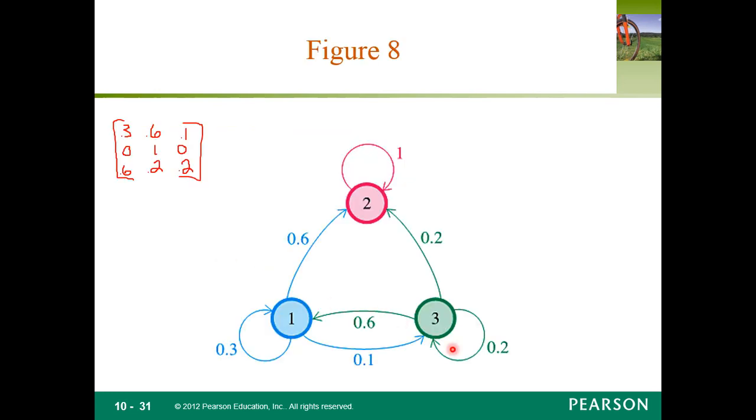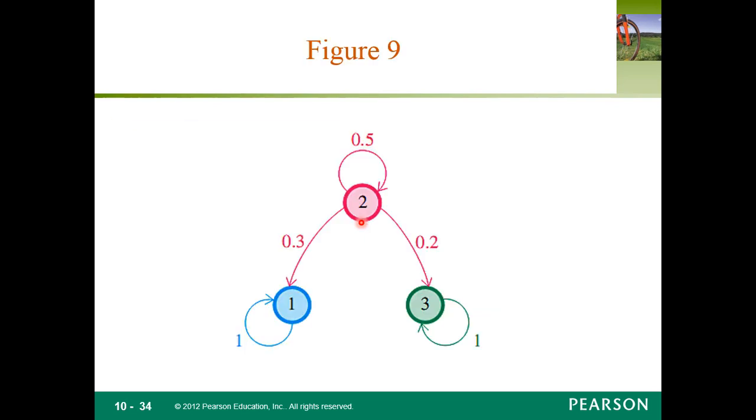For example, from state 3, you could go to the absorbing state in one step, or it could take you 2 steps, or 3 steps, or 5 steps. It just depends on the number of steps, but eventually you're going to end up in the absorbing state in some number of steps.